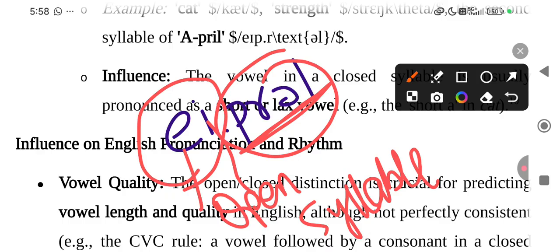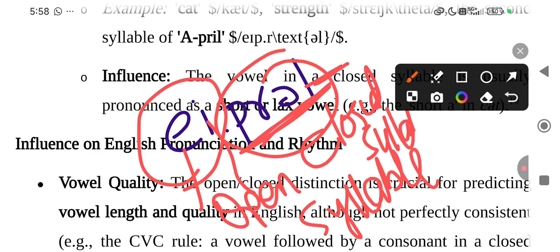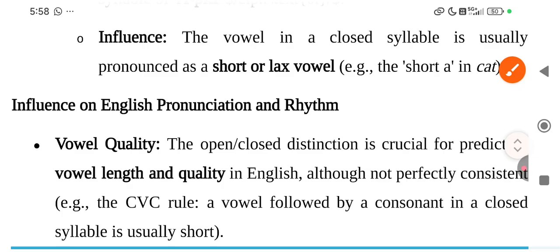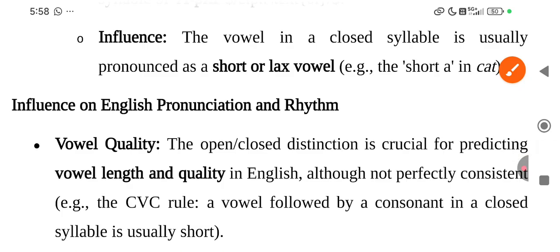And in "pril" the sound ends with the consonant L, and that is why this syllable is a closed syllable. These are examples of closed syllables.